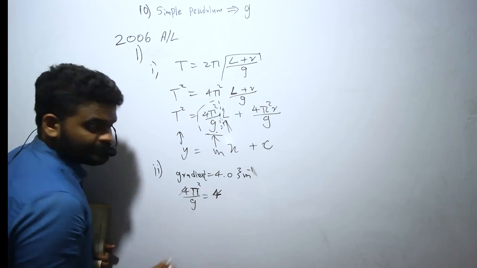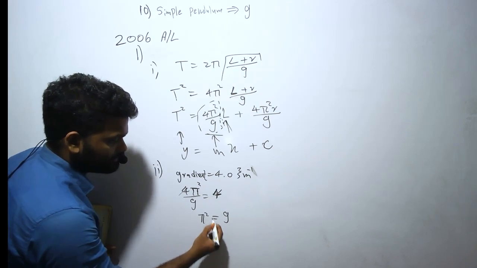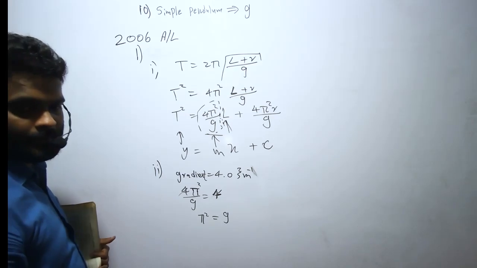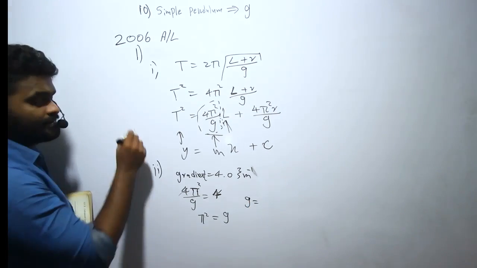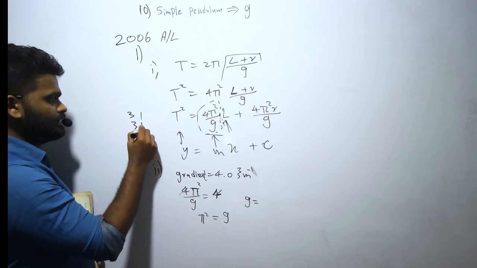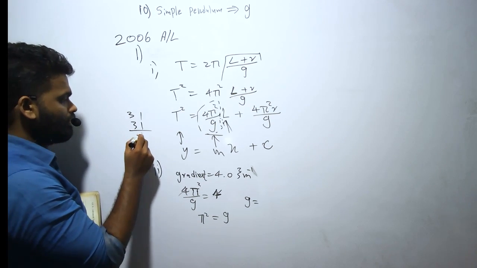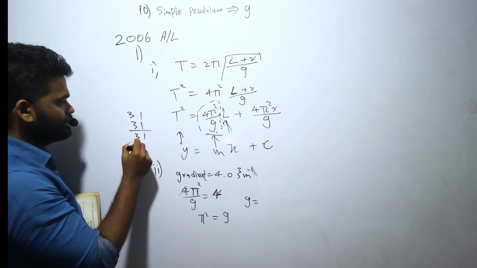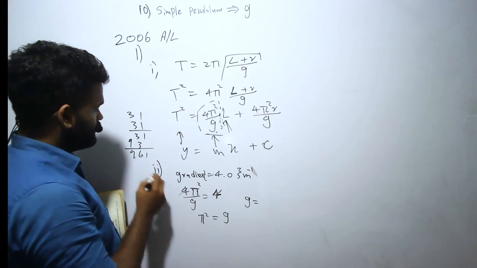Okay, 4 cancels off. Cross multiply: g is equal to pi squared. Pi squared means 3.1 squared. You can easily multiply 31 by 31, right? So 961.